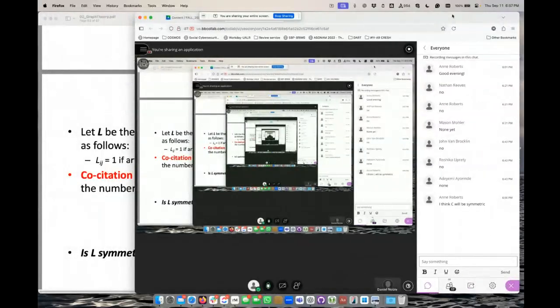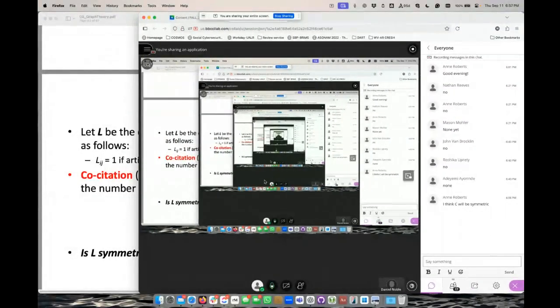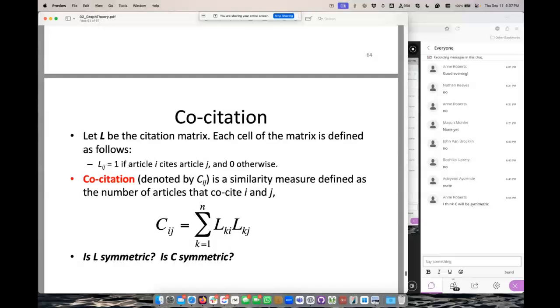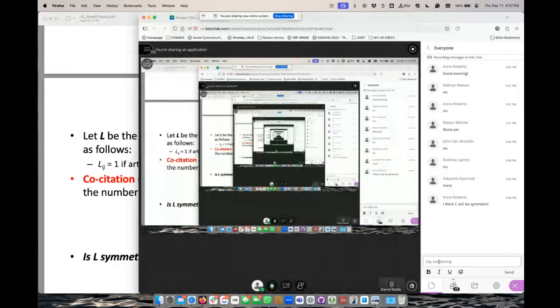Let's see. Okay, someone says, I think C will be symmetric. Okay, anyone else? There are only two choices, so C can be either symmetric or asymmetric. So according to probability, you are going to be 50% correct.